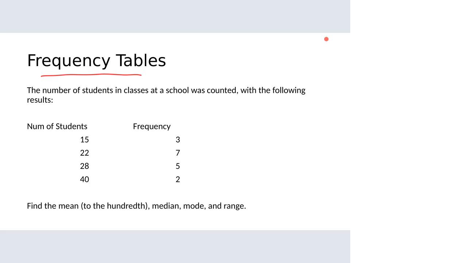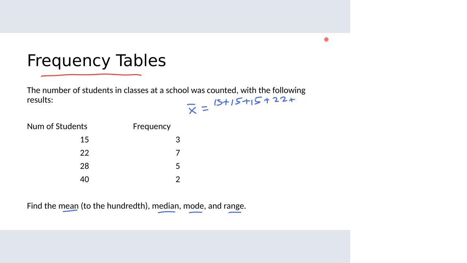Okay, so in this frequency table, if I want to find the mean, the median, the mode, and the range, what I need to do to find the mean is add them all up and divide by how many there are. What I would not expect you to do when finding the mean here is to say, all right, my mean is going to be 15 plus 15 plus 15 plus 22 plus 22.